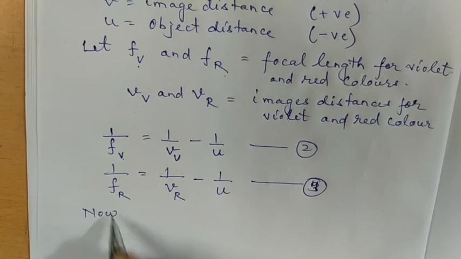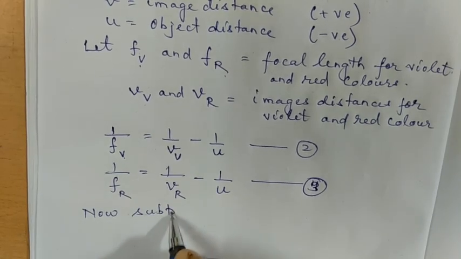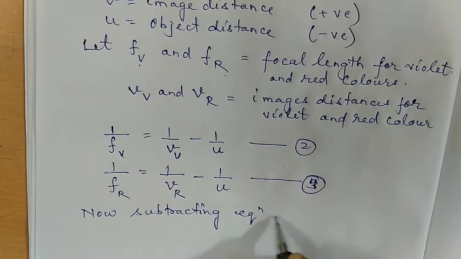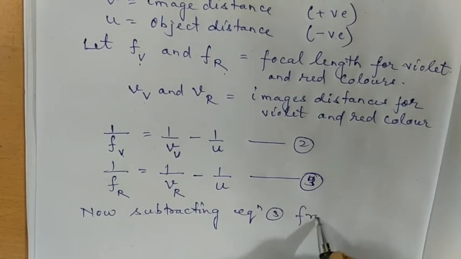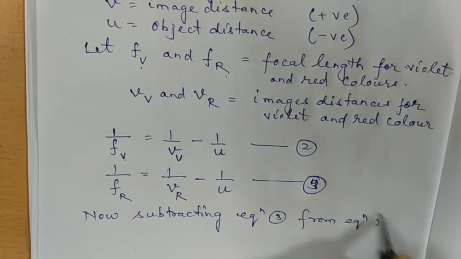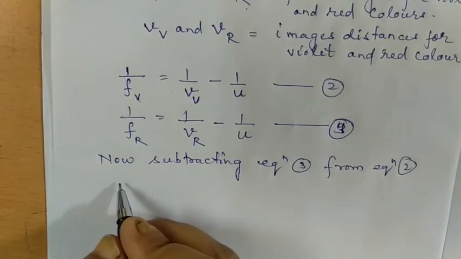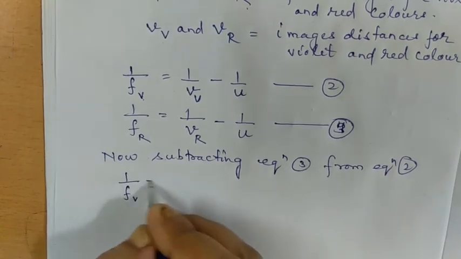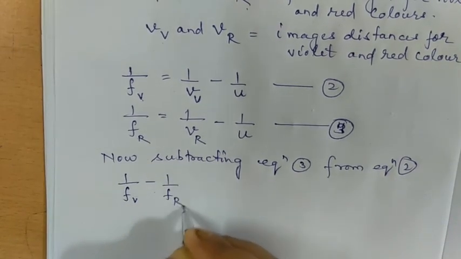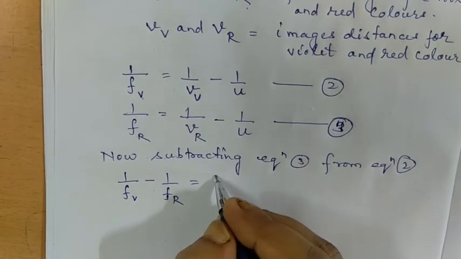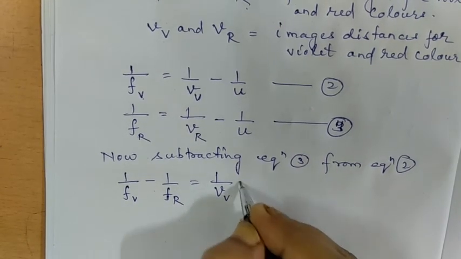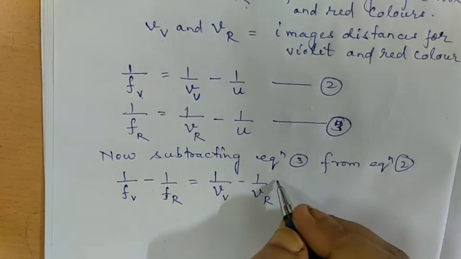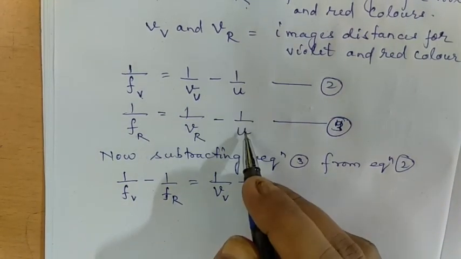Now subtracting equation 3 from equation 2, we get 1 by Fv minus 1 by Fr is equal to 1 by Vv minus 1 by Vr, and the two 1 by U terms get cancelled out.